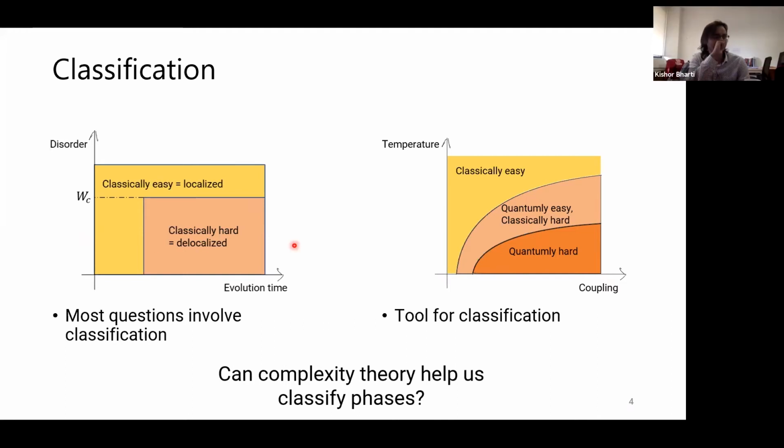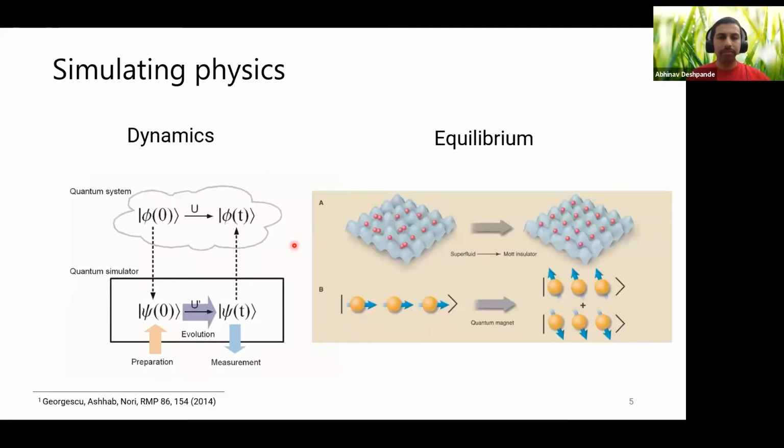So as I was saying, there are many ways of defining what it means to simulate physics. Two that are particularly common: one is simulating dynamics, in which we imagine that we can prepare some initial state, evolve it in time, and measure it in a certain basis.